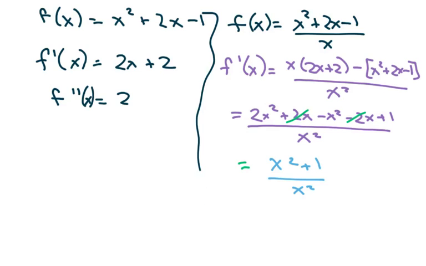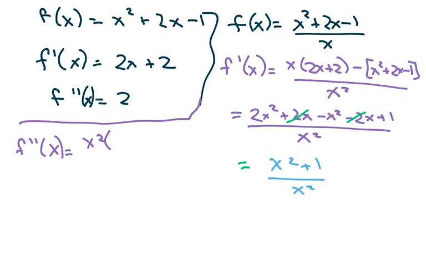Now we're going to go ahead and take the second derivative. So the second derivative of this is I take my denominator times the derivative of the numerator minus my numerator times the derivative of the denominator. Okay, so then this is all over x to the 4th.